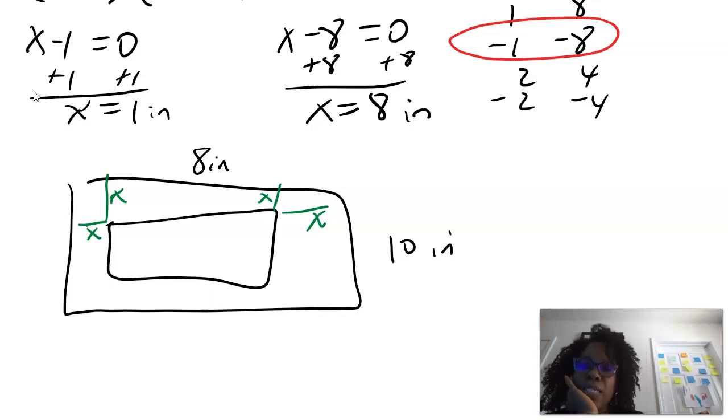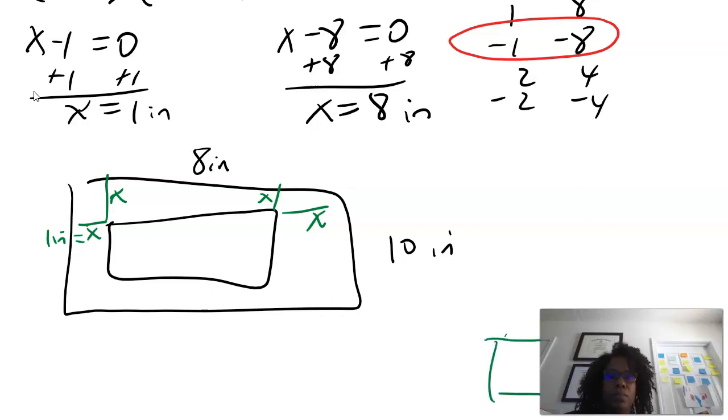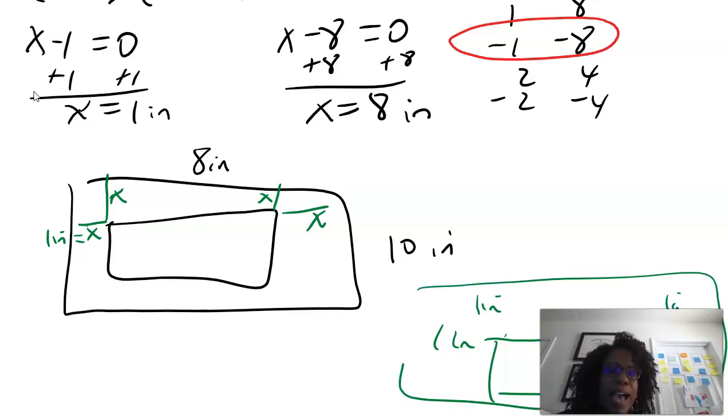All right, so is it possible for this x here to equal 1 inch? In other words, is it possible for us to have 1 inch here, 1 inch here, 1 inch here, and for it to still fit inside of an 8 by 10 rectangle?